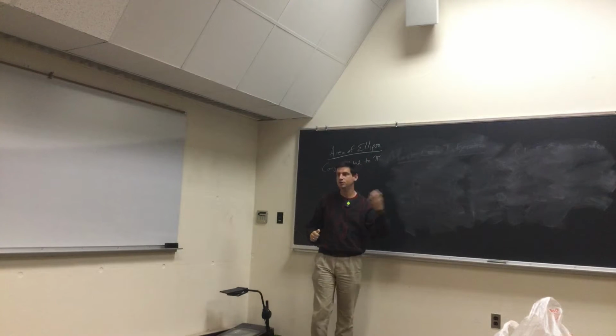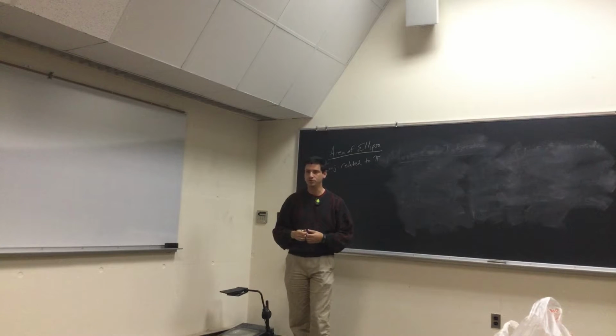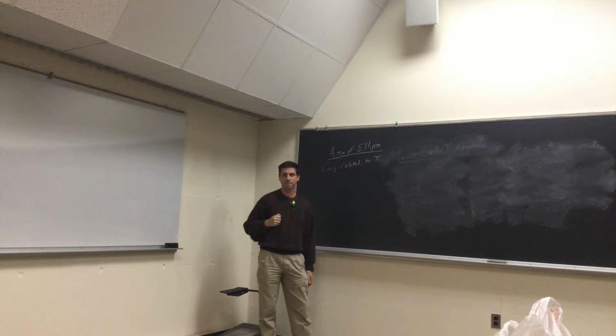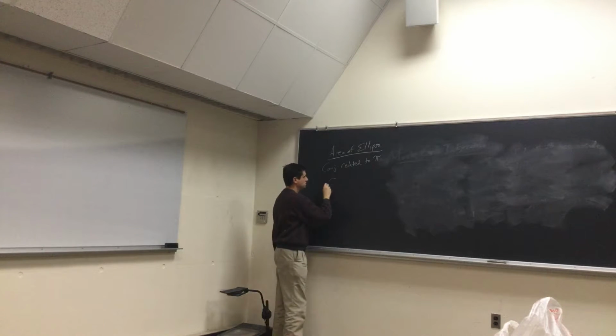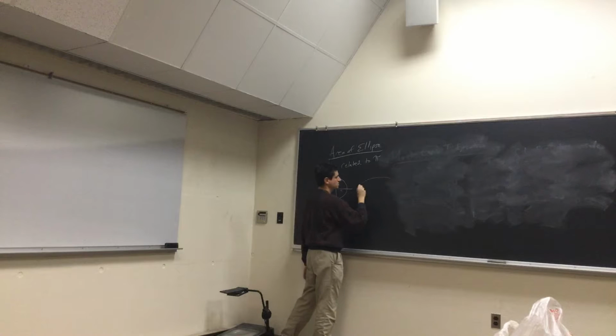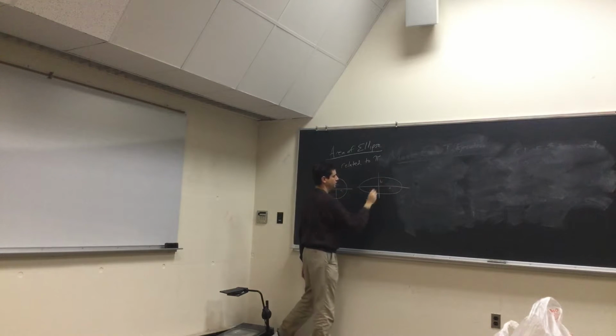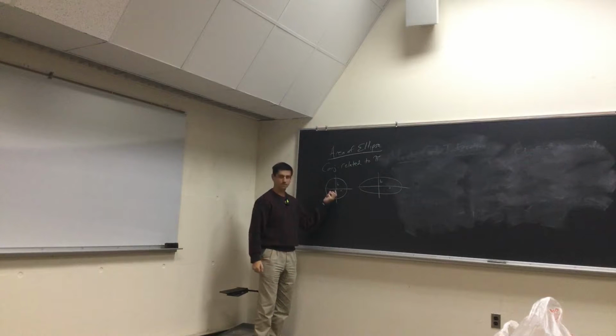The fact that it was pi over 2 is probably related to the fact that we chose the semi-major axis to have a equals 1, and the semi-minor axis equal to 1/2. So if I have a circle like this, let's call this A and B, and let's have an ellipse, and let's call this A and B. What's the area of the circle?